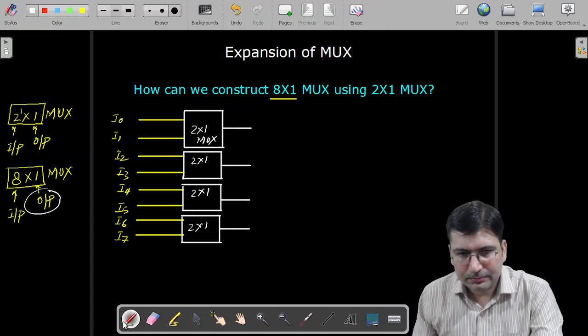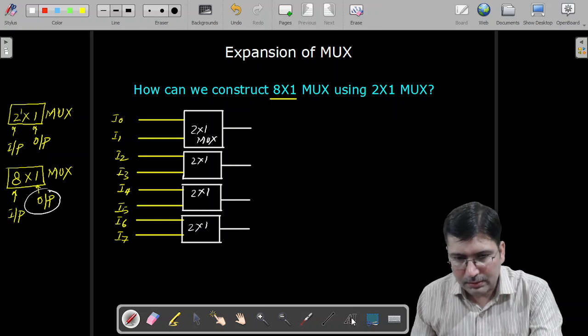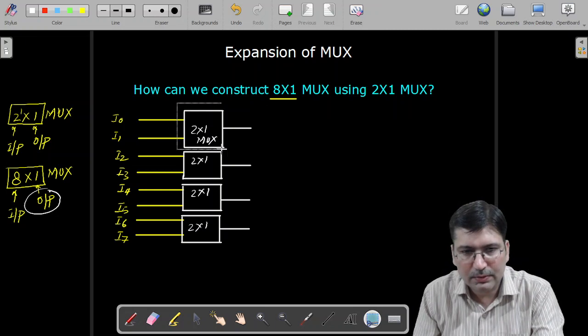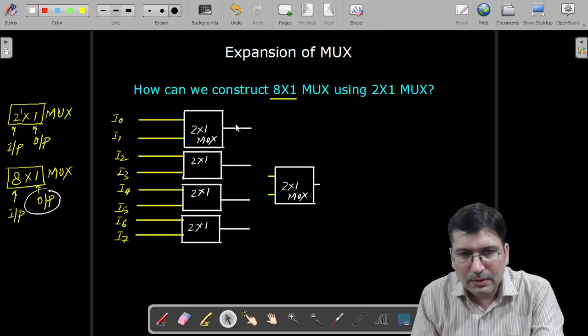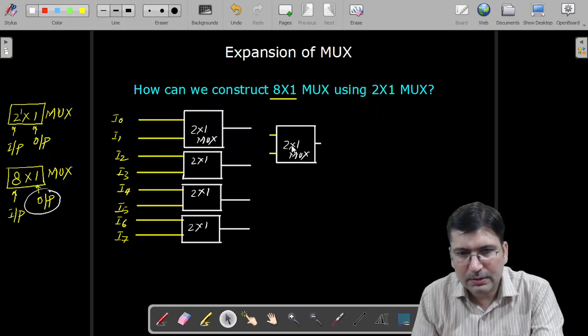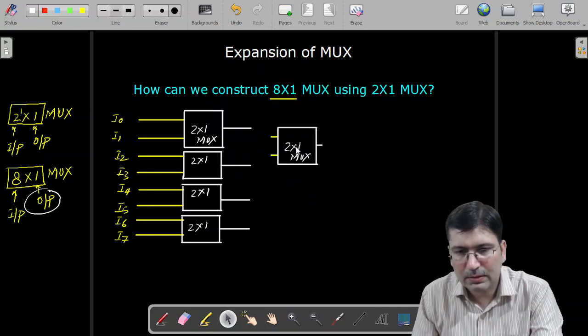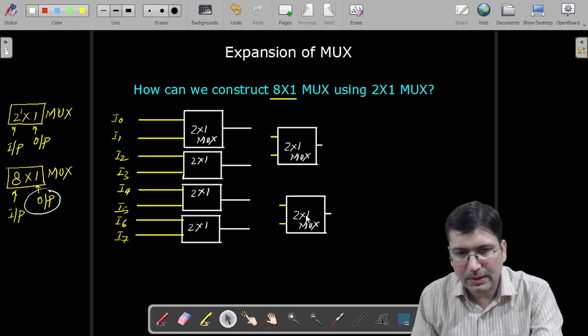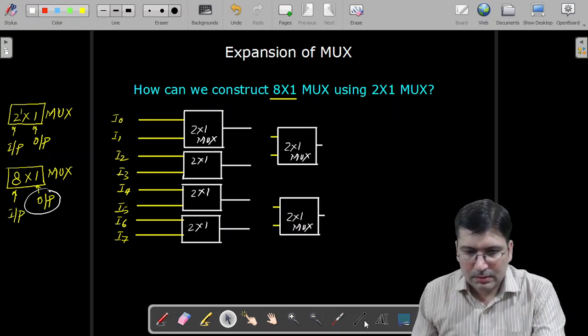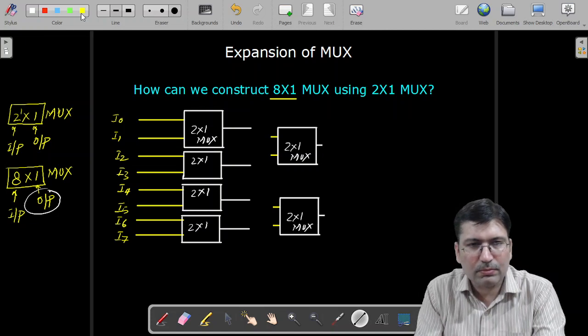So let's say I copy this first MUX circuit, and let's say I have this, and another 2x1 MUX also. Now establish the connections.